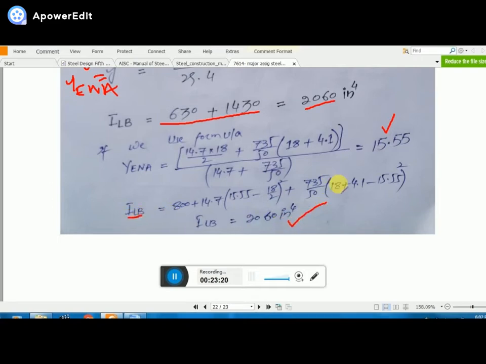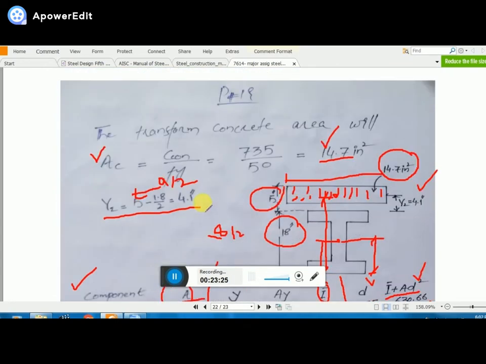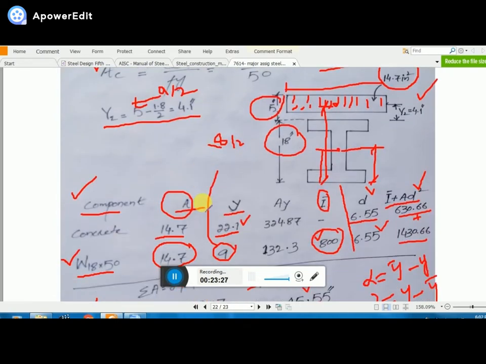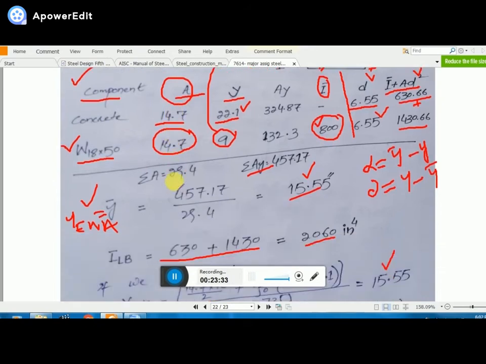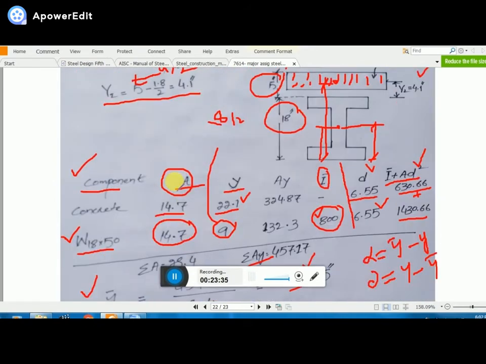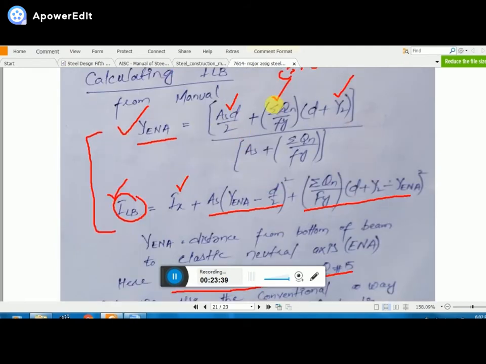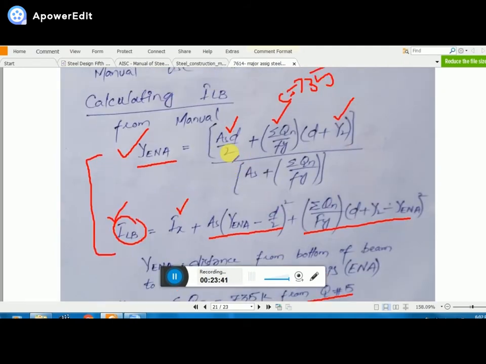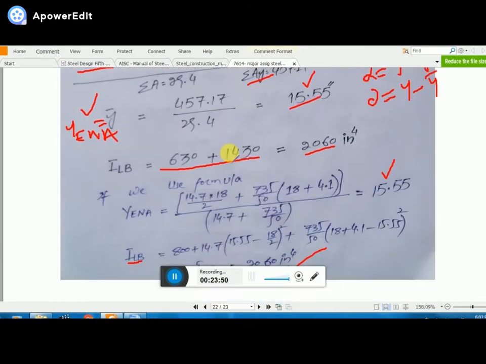So you have two approaches. Either go for your common or traditional way of calculating your transformed moment of inertia, the way you calculate the moment of inertia, use that simple method, or you can use these equations, which are the AISC LRFD equations. Clear?